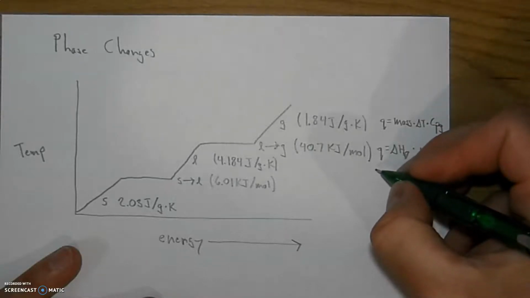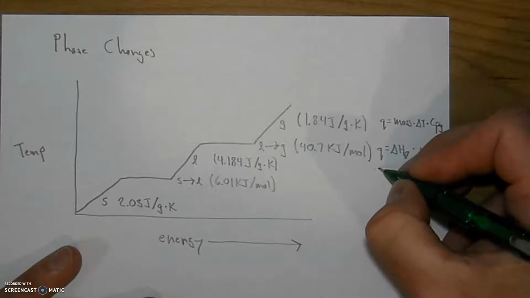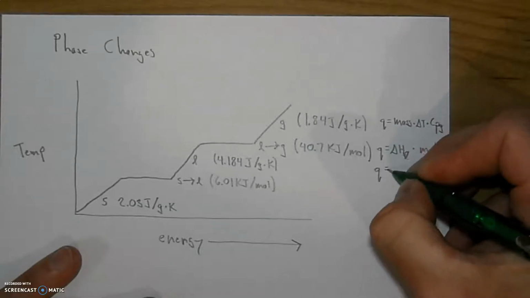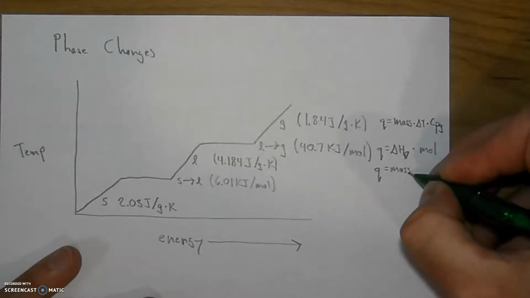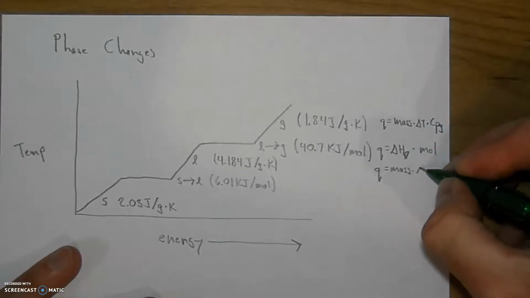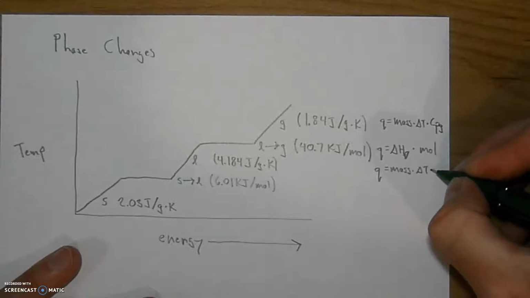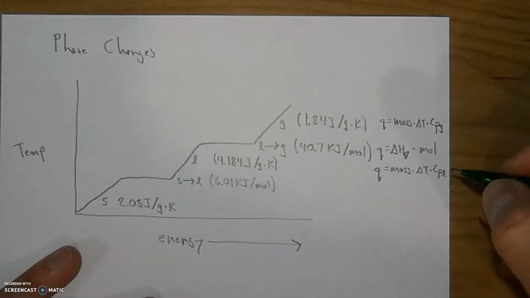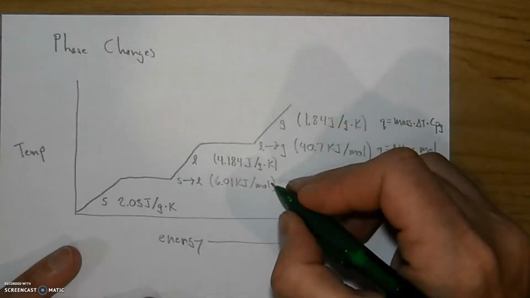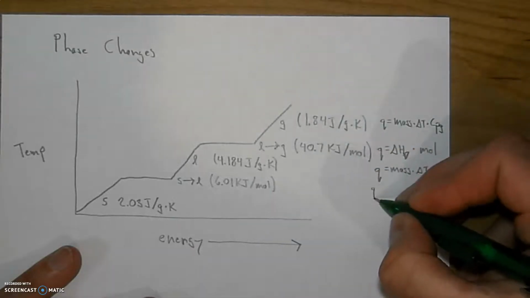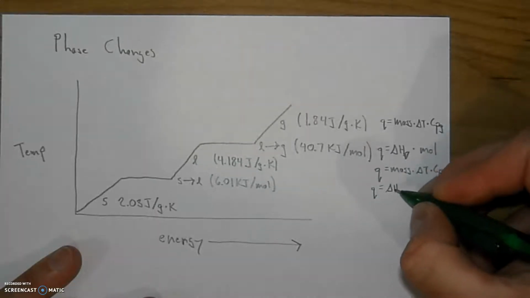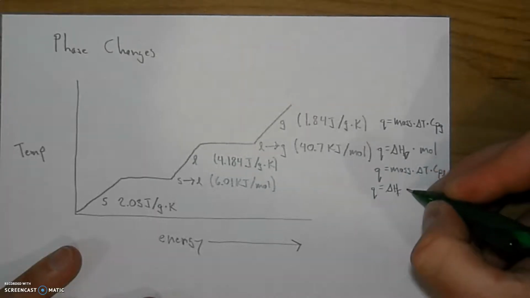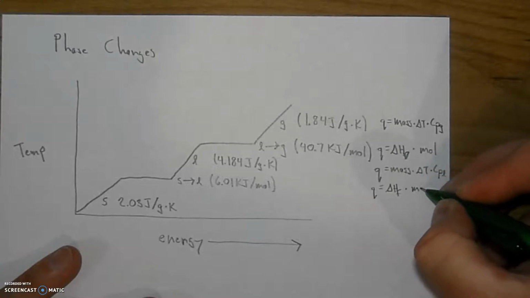If I'm in this area right here where I'm heating up the liquid, that is a mass times a change in temp times the specific heat value for the liquid. And then in this range right here, again, the energy, heat of fusion, ΔH fus, times the moles.